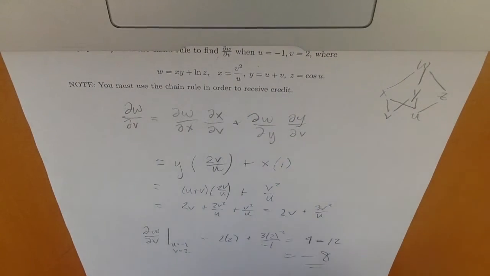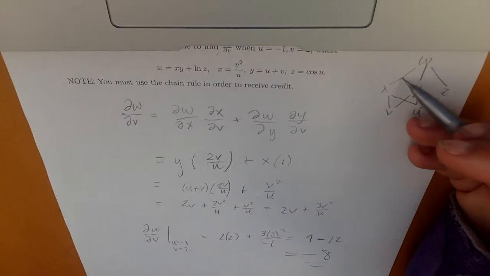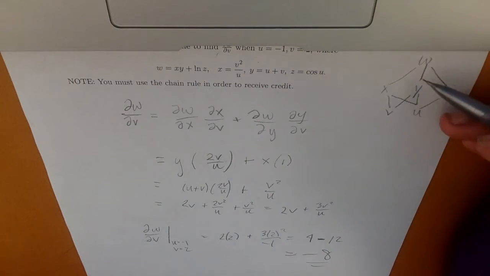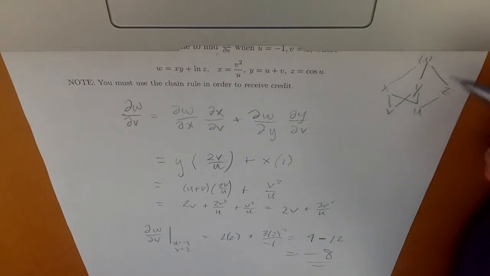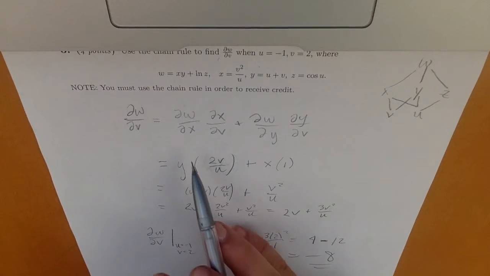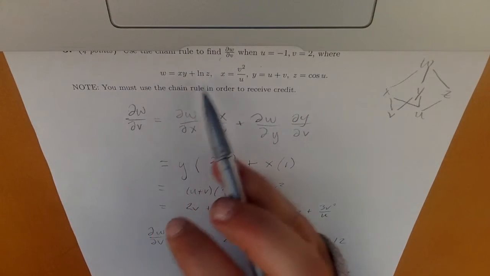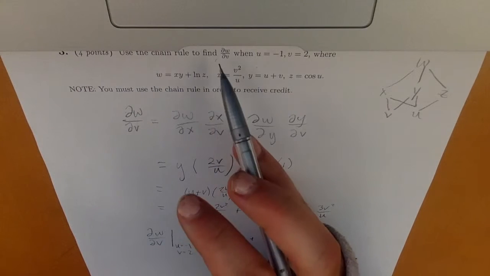Okay, so we're going to do the partial of w with respect to x times the partial of x with respect to v, plus the partial of w with respect to y times the partial of y with respect to v. The partial of w with respect to x, the only function of x here is x times y. This natural log of z, that's a constant, that goes away.